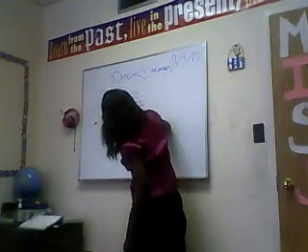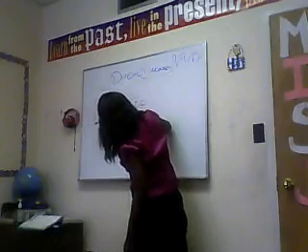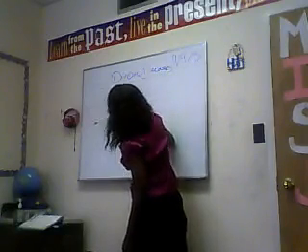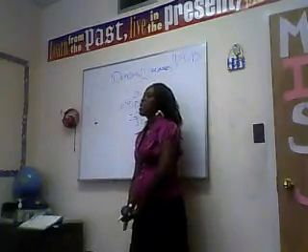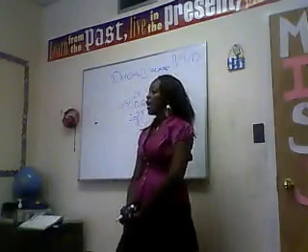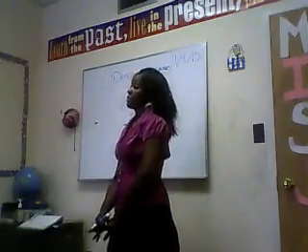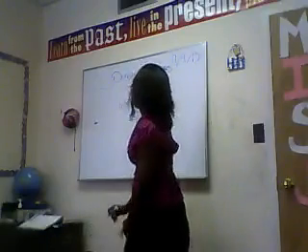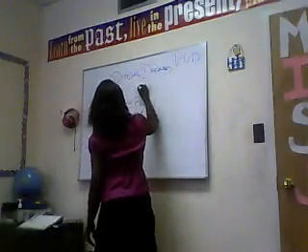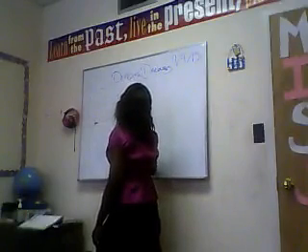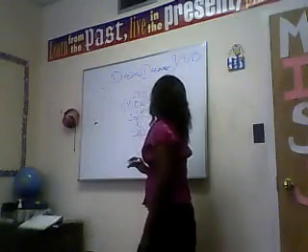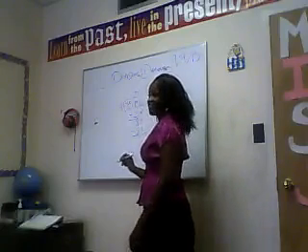9 goes into 88 how many times? 9. 9 times 9 is 81. 88 minus 81 is 7.